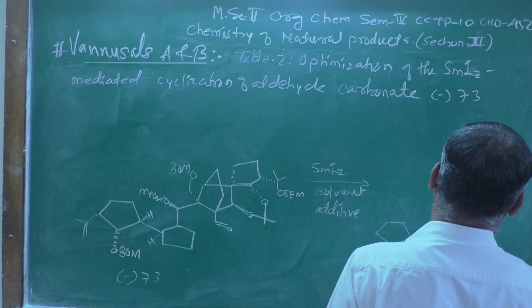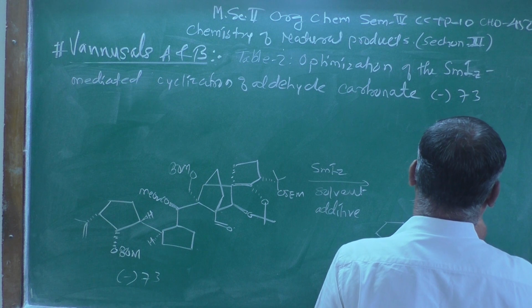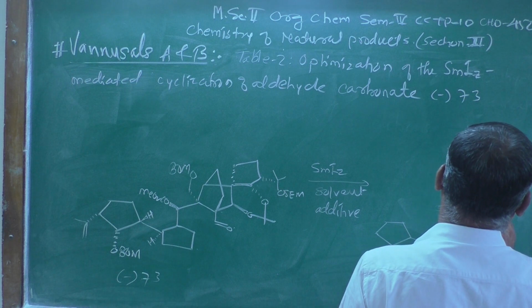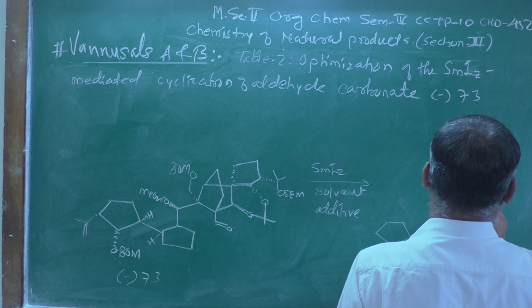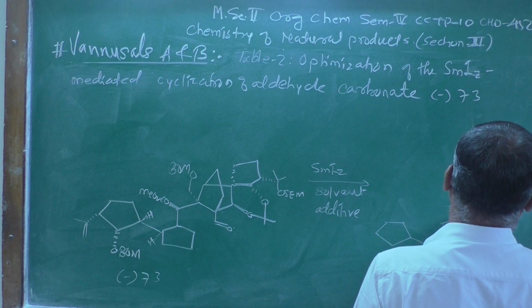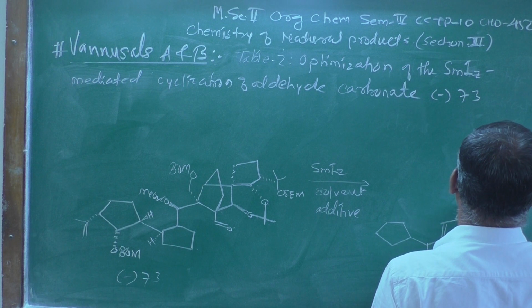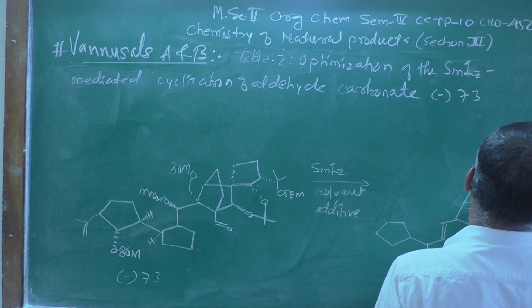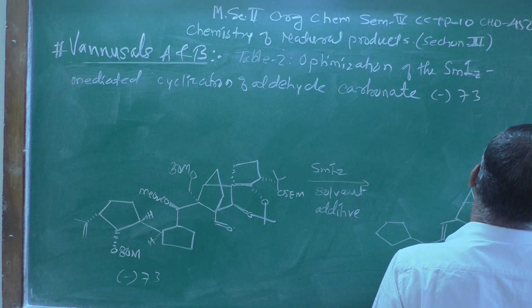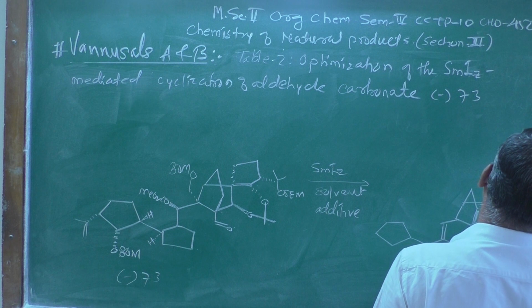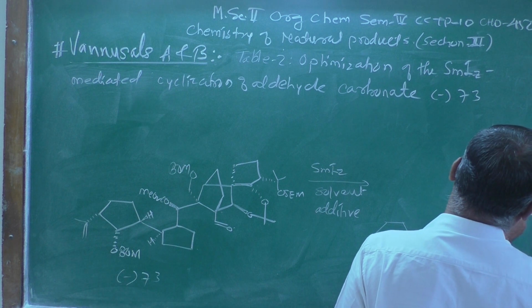Here is a 6-membered ring, a double bond, then here is a 5-membered ring, further attached one more ring, then further attached a 6-membered ring. There will be this OSEM group attached over there.